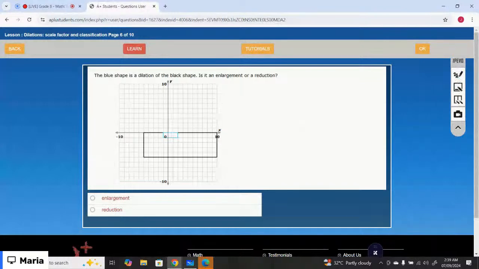The next one is blue shape is the dilation of the black shape. Is it enlargement or a reduction?